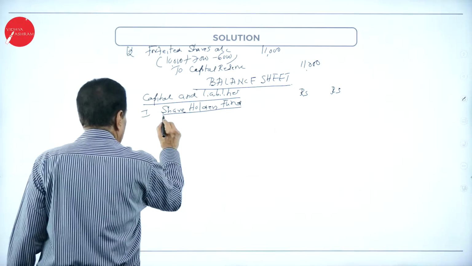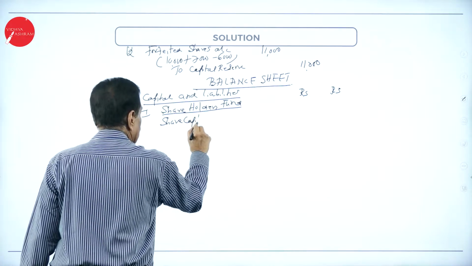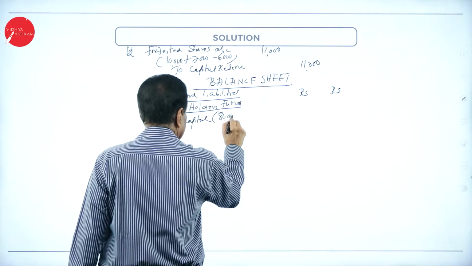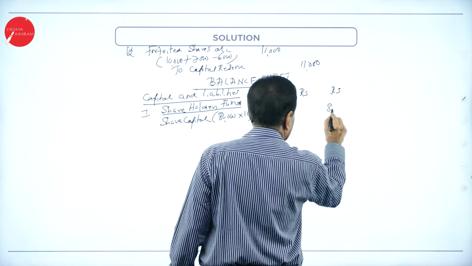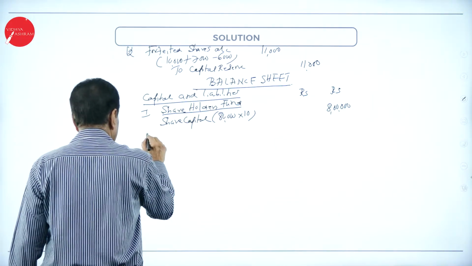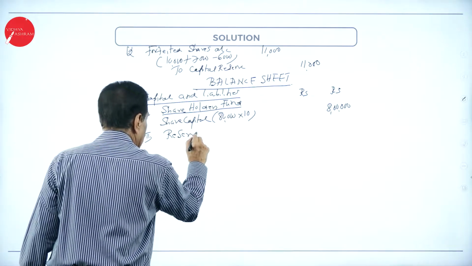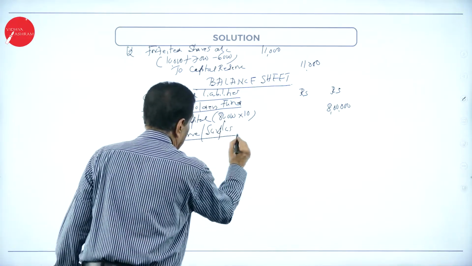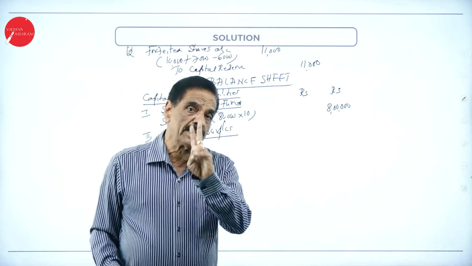Share capital: this is 80,000 into 10, 8 lakh. Number 2, reserve and surplus. Only 2 items will come. Which are the 2 items? One is the capital reserve, one is the share premium. Only 2 items will come.